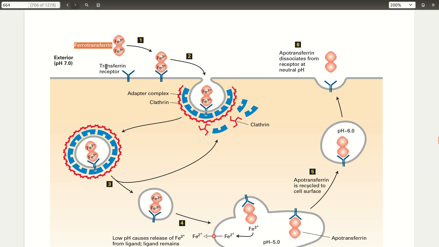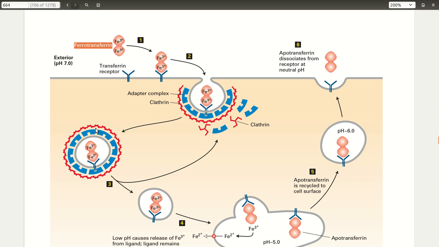They bind to a plasma membrane receptor of transferrin, and once this interaction is made, the transferrin receptor will find a coated pit, and that will then proceed with the endocytosis, and dynamin will cause the pinching of this vesicle.